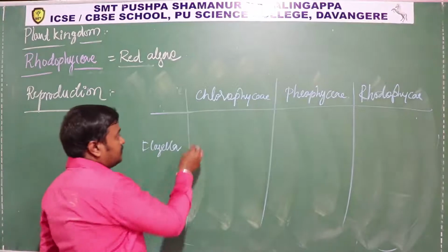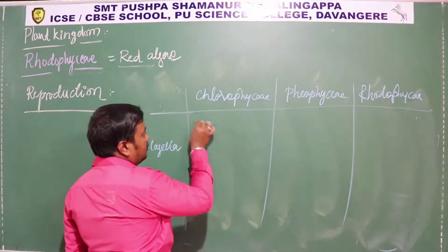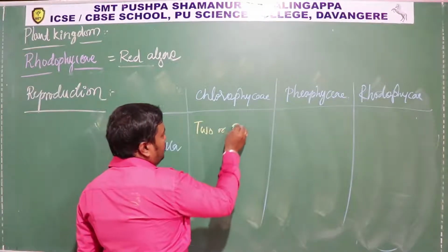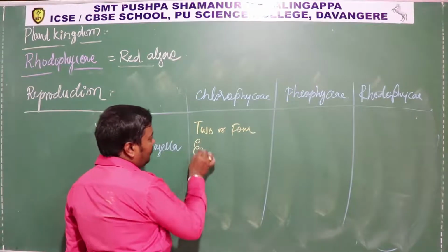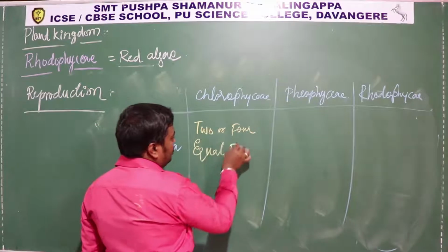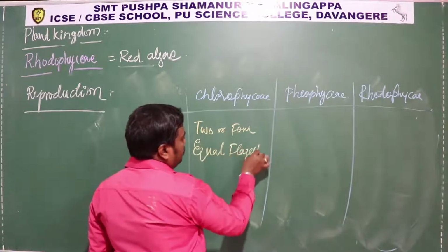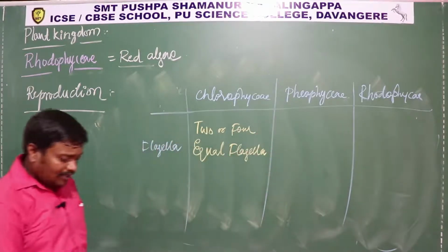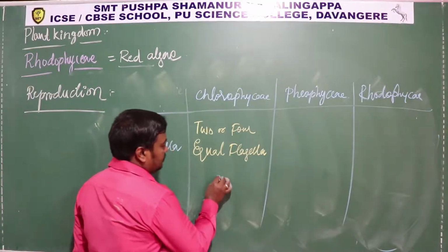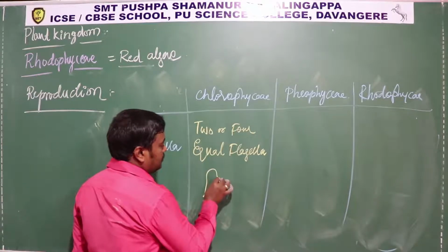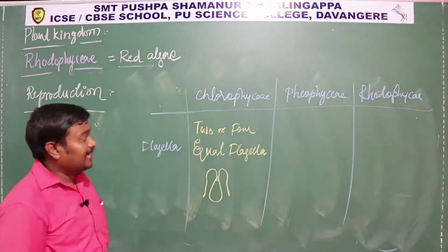In chlorophyceae, there are 2 or sometimes 4 equal flagella in the gametes.